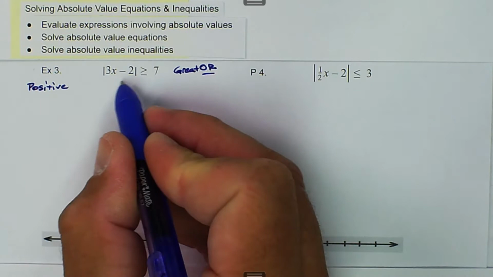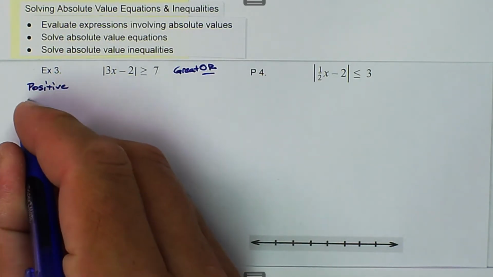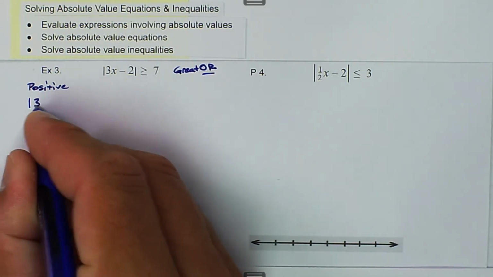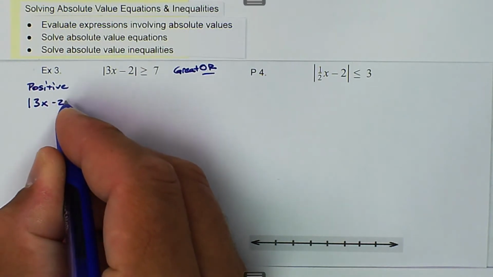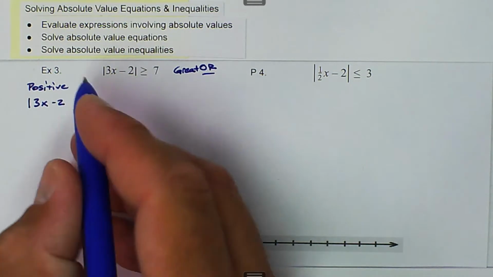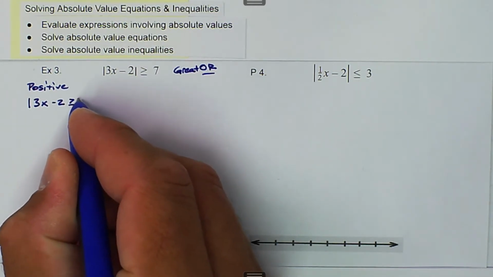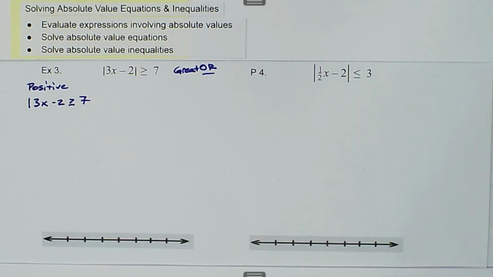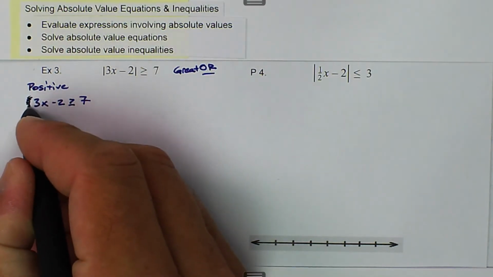In that case, we're just going to write down the inequality as we see there. So absolute value of 3x minus 2. No, sorry, we don't need the absolute value. So just 3x minus 2 is greater than 7. We do not need this absolute value over here.